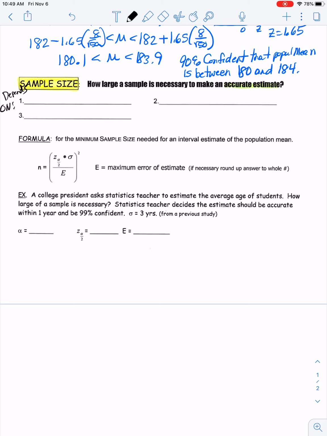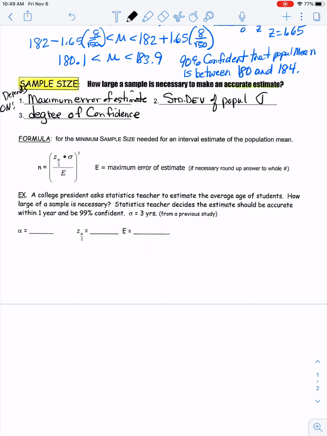It's going to depend on the maximum error of estimate. It's going to depend on the standard deviation of your population, that's your sigma. And lastly, it's going to depend on the degree of confidence.